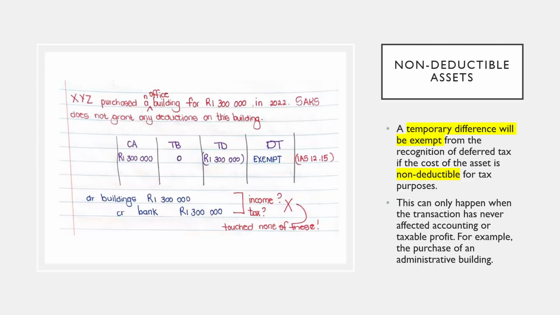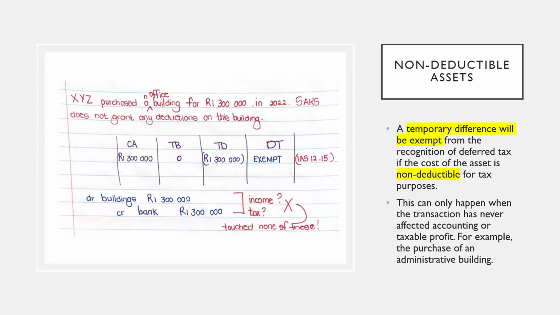So XYZ purchased an office building for 1,300,000 in 2022. SARS does not grant any deductions on this building. Very similar to what you'd get in an exam. In this entry, you'd have said debit buildings, 1,300,000, credit bank, 1,300,000.